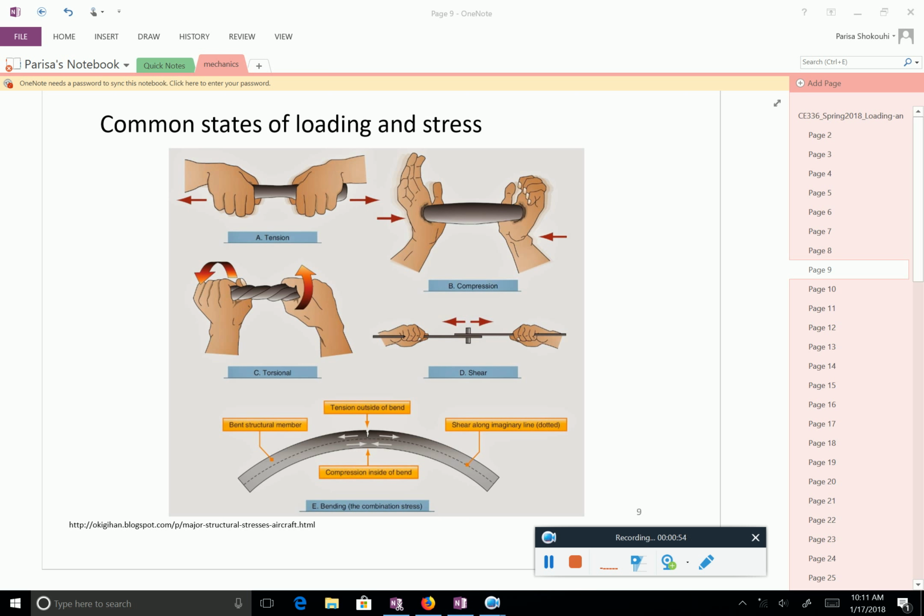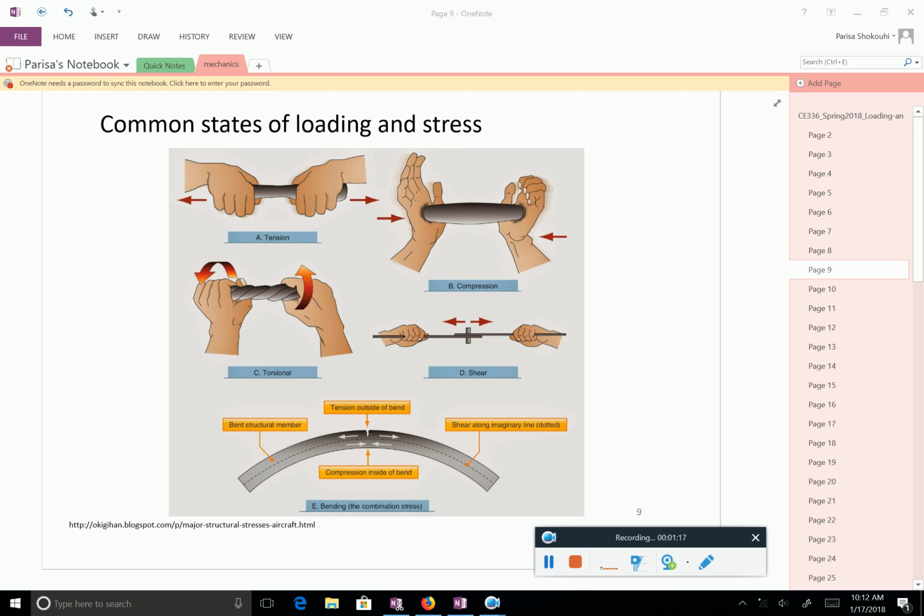So let's look at A and B, tension, compression. This is hopefully clear. And then we talked about torsion and shear. And if you remember, I told you that torsion and shear have some similarities.